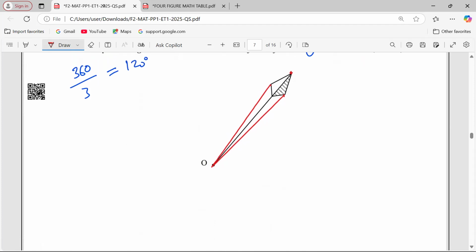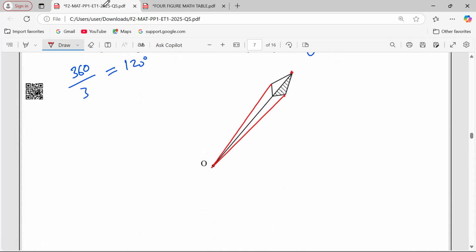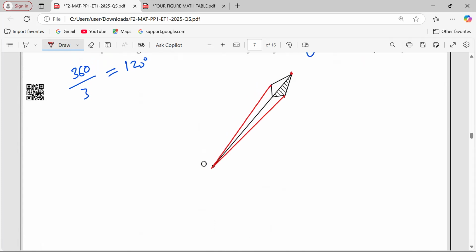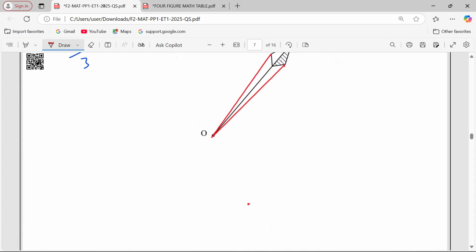So we measure 120 with the center O. We measure 120 like at this point.